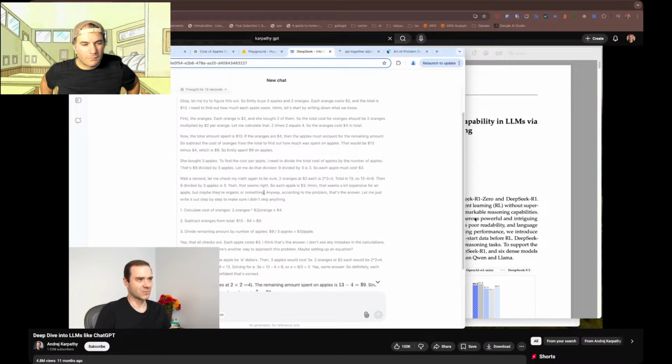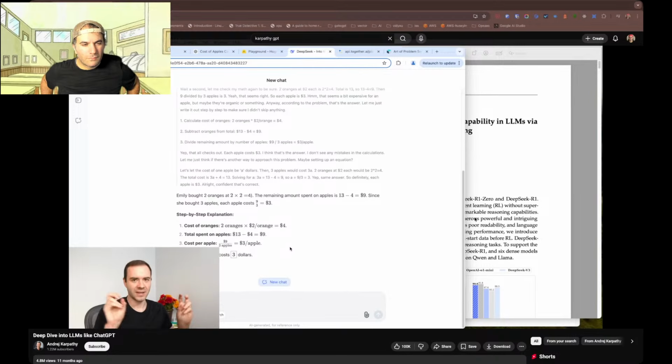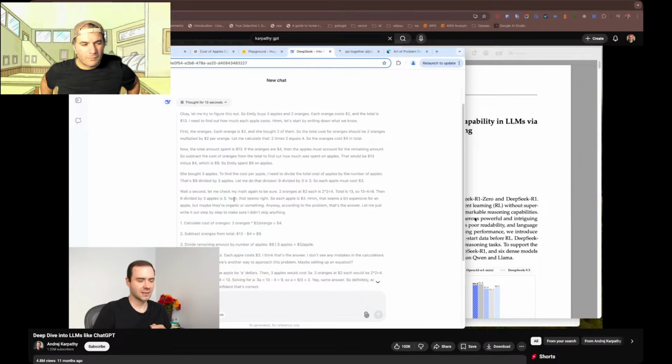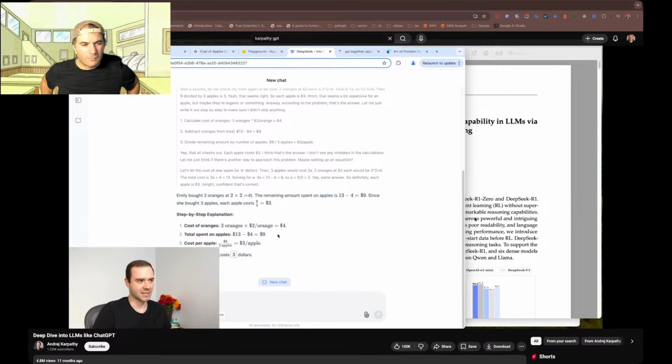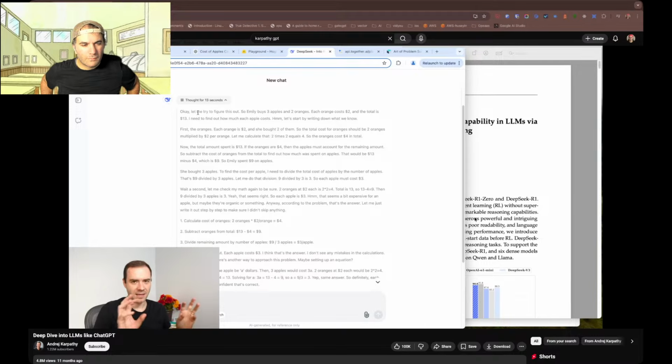Once it did the thinking process, it writes up a nice solution for the human. This part is more about the correctness aspect, and this is more about the presentation aspect, where it writes it out nicely and boxes in the correct answer at the bottom. What's incredible about this is we get this thinking process of the model.